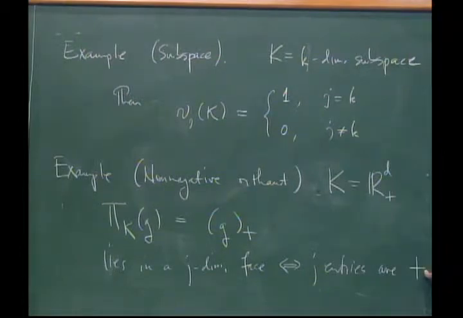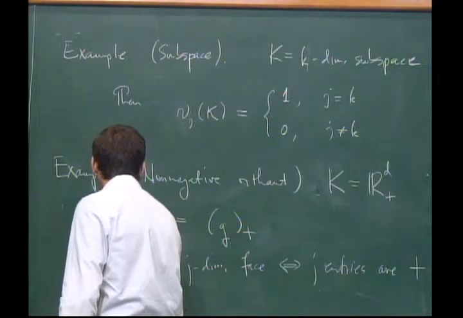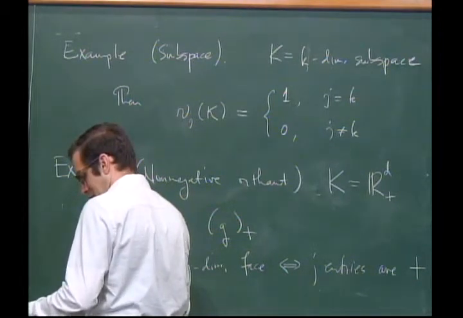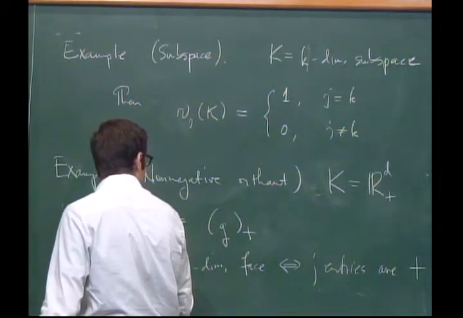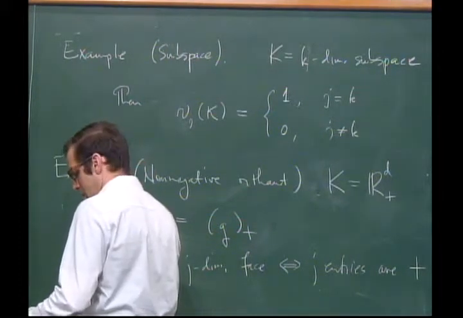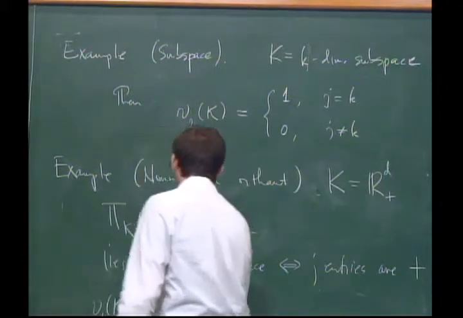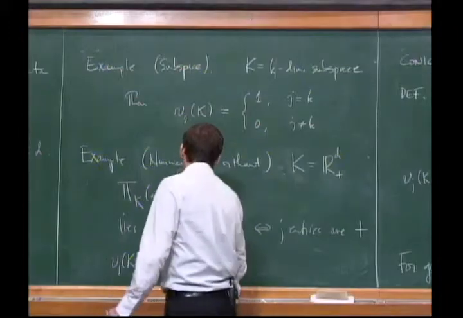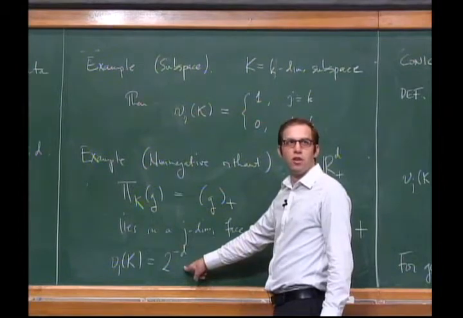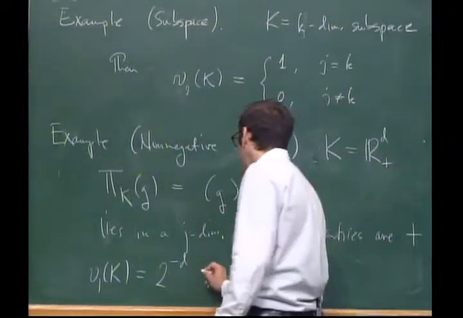And because the entries of a Gaussian vector are independent and are 0 with 0 probability and are equally likely to be positive or negative, we see that the Jth conic intrinsic volume is 2 to the minus d, because each of the 2 to the d choices of signs are equally likely.